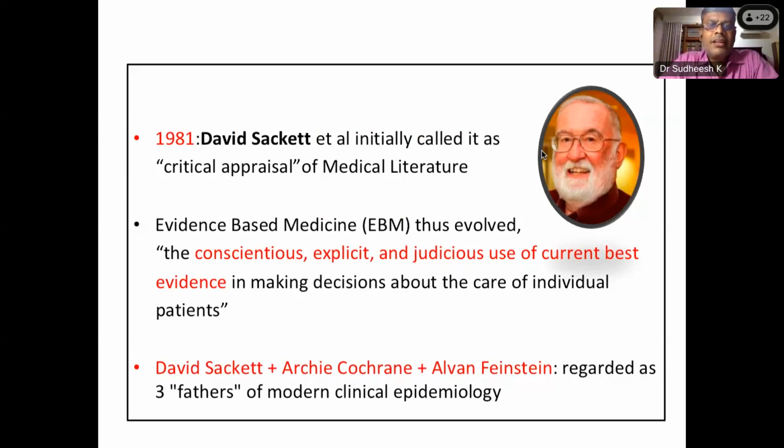So David Sackett tried to analyze them, and they coined something called critical appraisal, where they went through the entire literature, methodology, and method of performance, critically analyzed it, and found out what the lacunae were in that literature and how the further collection of evidence or further conduct of the study can be improved to make it much more clinically objective and efficient.